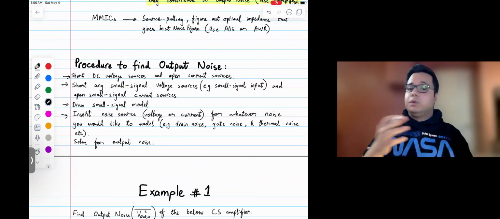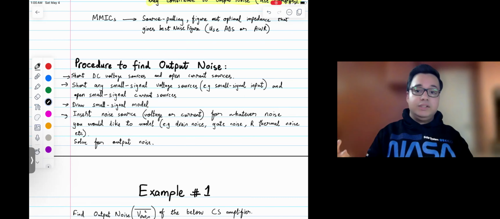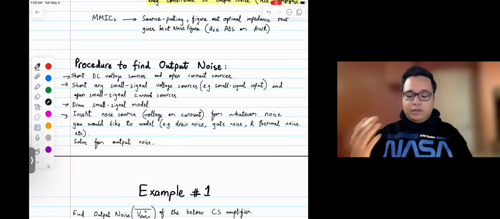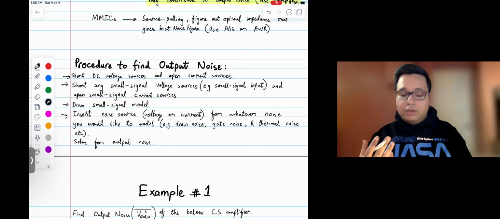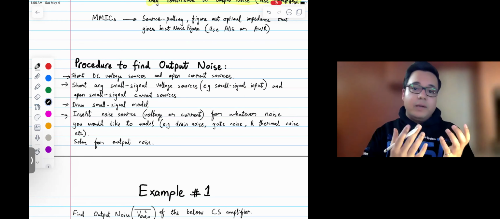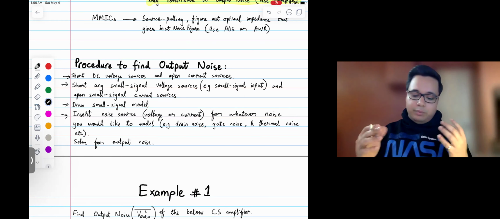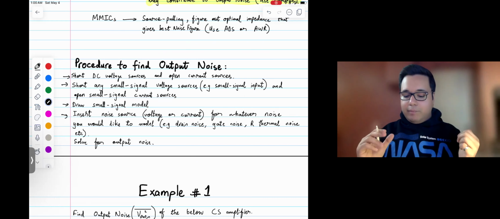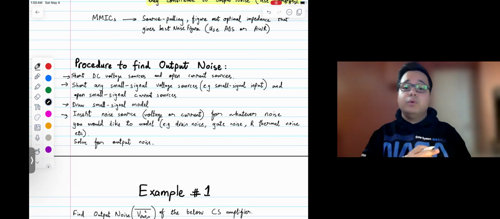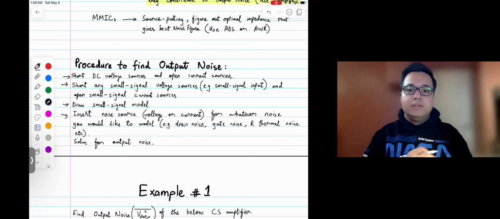It could be a voltage noise source, it could be a current noise source, and it could be modeling whatever noise you want. It could be the drain noise, it could be the gate noise of a MOSFET, it could be the resistor thermal noise, it could be all three of them being analyzed at the same time, or it could be a combination. It could be just two of them. Let's say only the thermal drain noise of a MOSFET and the resistor thermal noise. You could only consider those two and not model the gate noise, right?